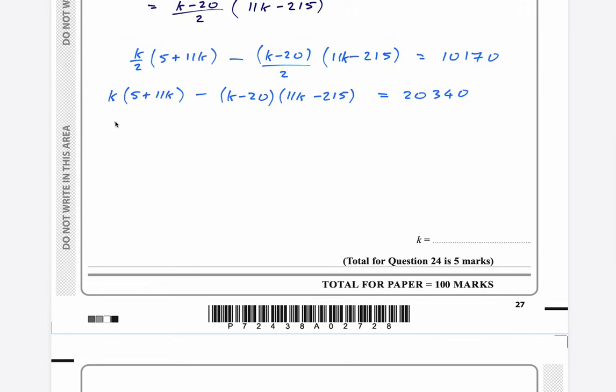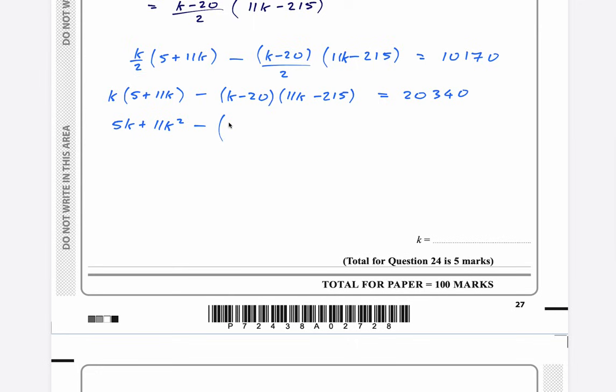Let's multiply this out. 5k plus 11k squared minus, now be very careful, guys, just leave the minus there and multiply out these two brackets. Sorry, I did something really silly. Let's go back. This is 5k plus 11k squared. It's k times 11k is 11k squared, sorry. Okay, leave that minus, multiply these two brackets out.